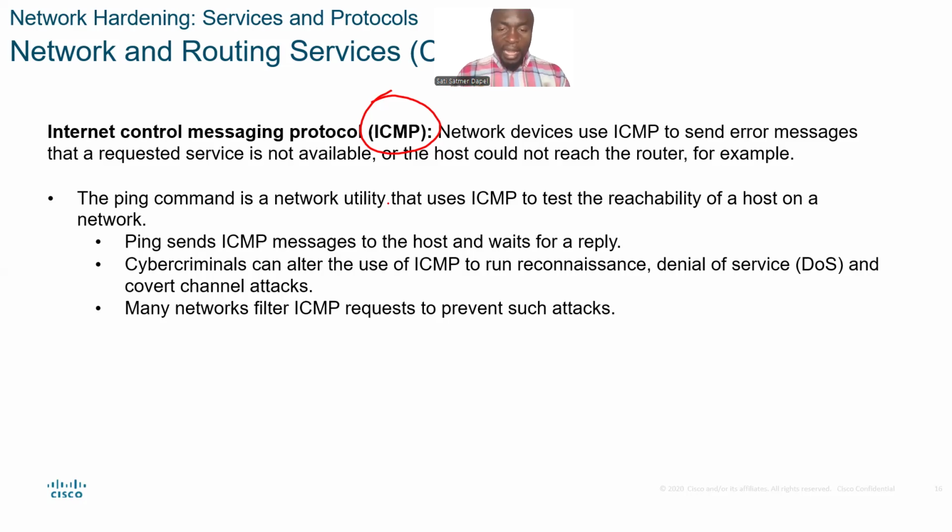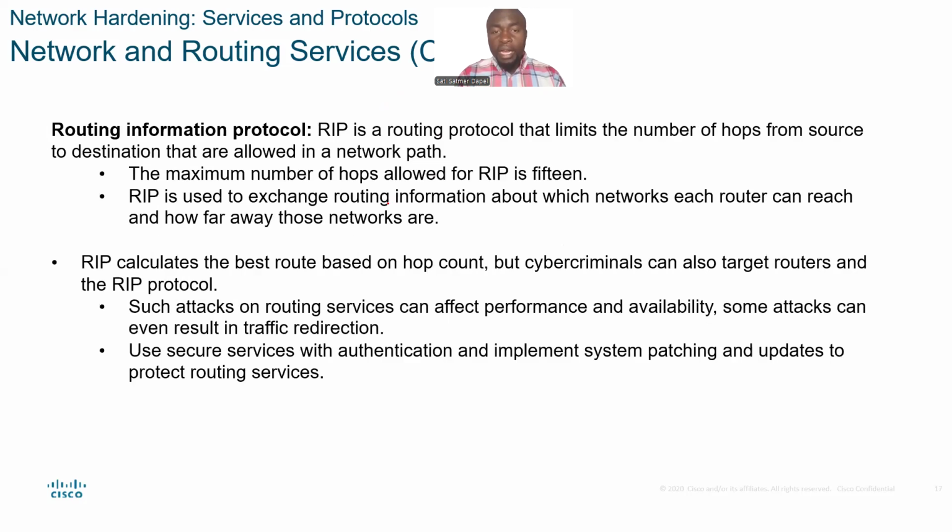Now we just pinged Google and CNN and we got that they are reachable. If I know it's reachable, then I'll begin to make an attempt to reach it. So some organizations disable this particular feature.